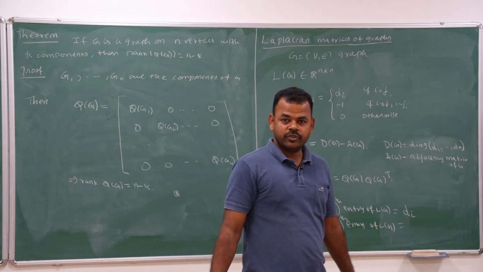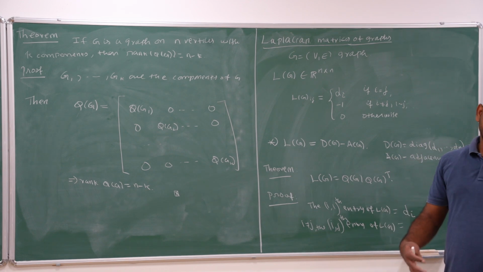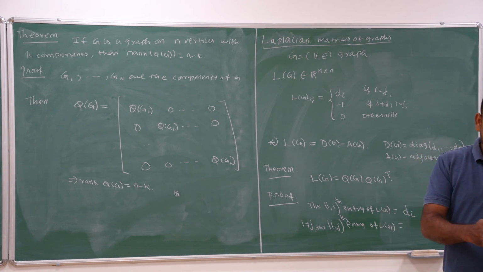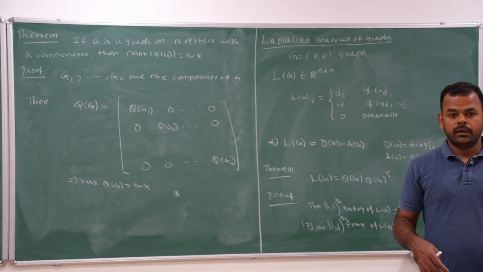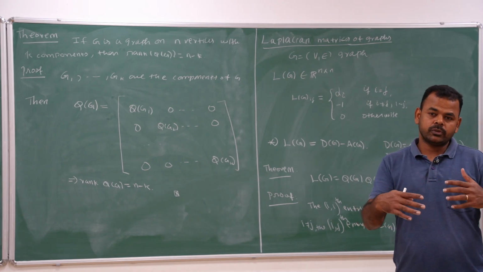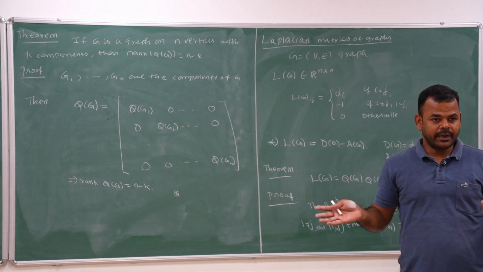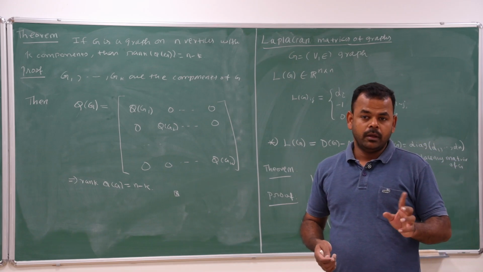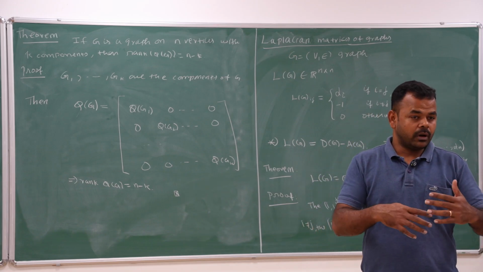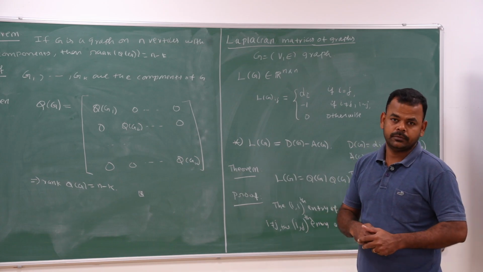So i is different from j. If I had to get a non-zero term, I'm taking the product of two vectors. If the places of ones and minus ones in both the non-zero vectors are disjoint, then I'm going to get 0. I will get a non-zero entry only when there is an overlap in the non-zero places.